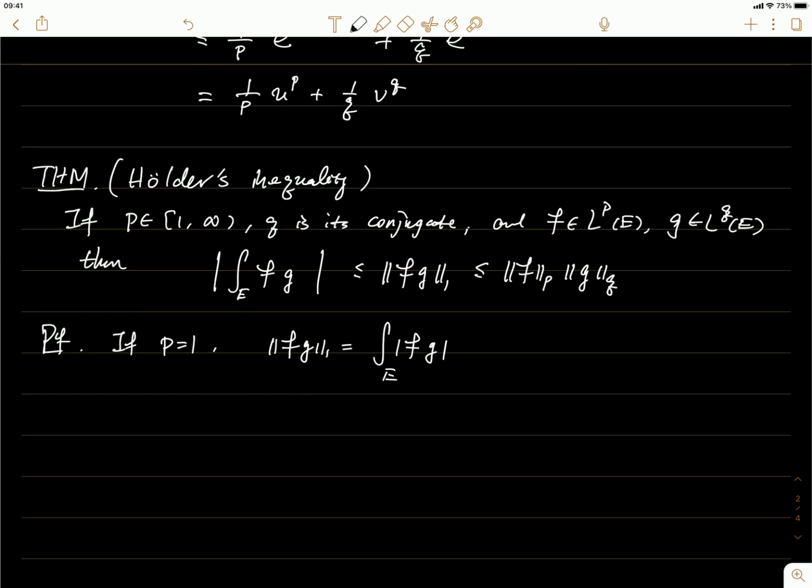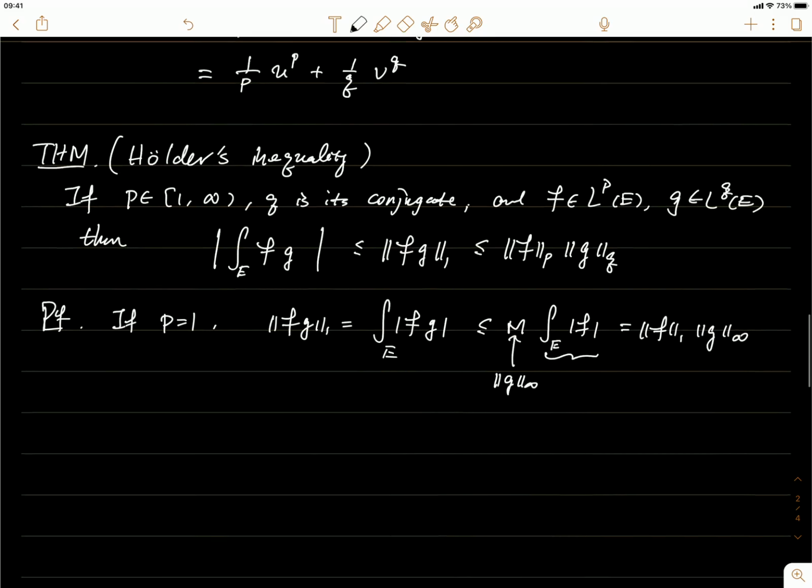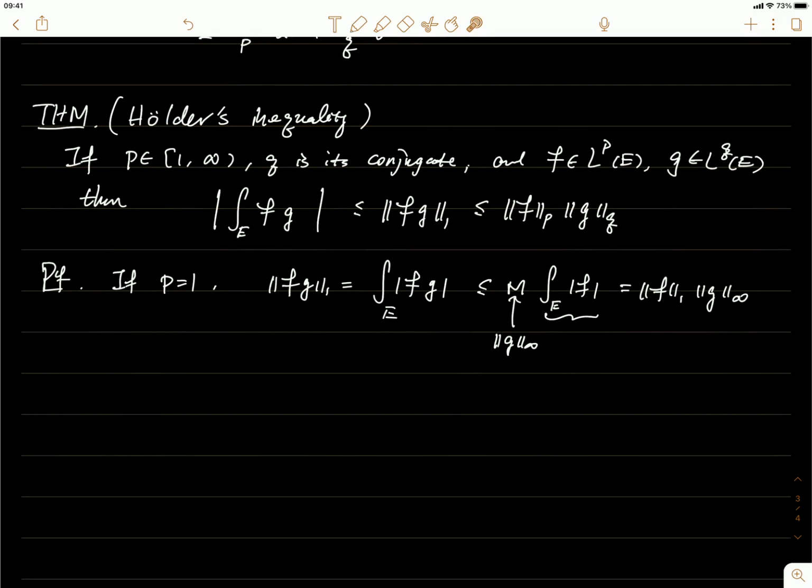That means g is bounded by some capital M, so it's less than or equal to M times the integral of f. And this M here is the infinity norm of g. And then this part is just the 1 norm of f, so it's the 1 norm of f times the infinity norm of g. So that is apparently true when p is equal to 1 and q is infinity. So now let's show the case where p is greater than 1.